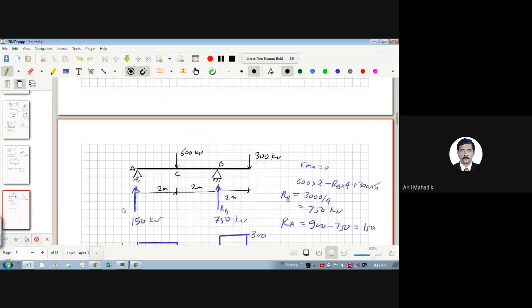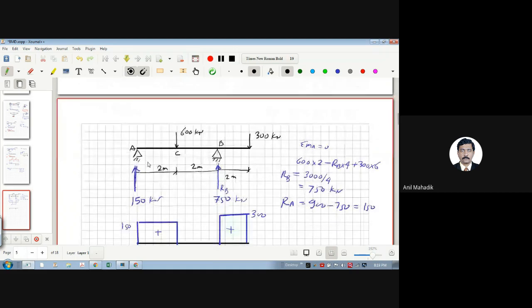And generally, by observation, what will the deflected shape be? Just draw this first for understanding. Can you tell how my deflection will be? So this will be something like this, you can imagine. It will be like this, and then it is going to be inverted, because this is a cantilever.